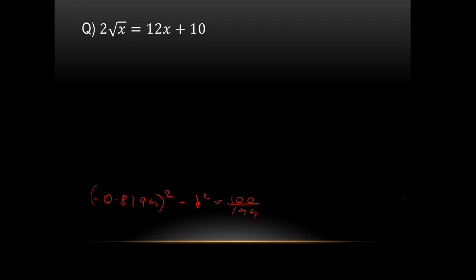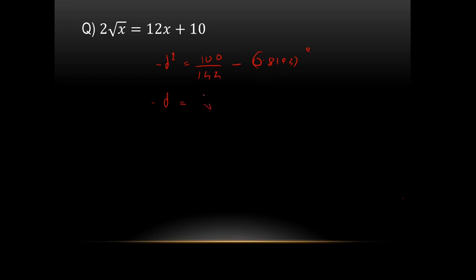So now what we do is we transpose the 0.8194 squared to the other side. It becomes minus d squared is 100 by 144 minus 0.8194 squared. Then we can take the square root here.